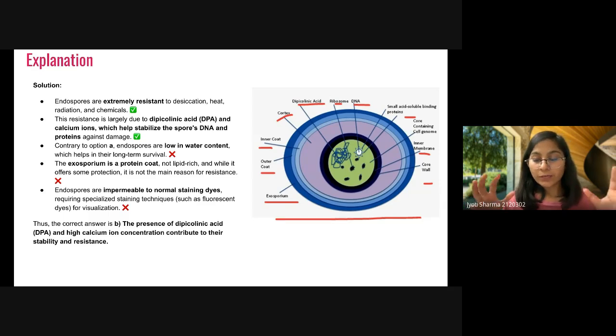So we have a lot of things in the endospore, and this DPA helps the endospores survive in extreme conditions until the condition is favorable and it starts to reproduce. Okay, so the answer is this one. This resistance is highly due to DPA and calcium ion, which help stabilize the spore's DNA and protein against damage. Okay, so answer B is the right one.